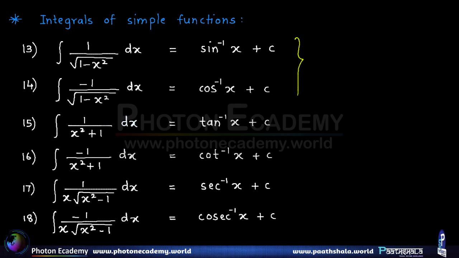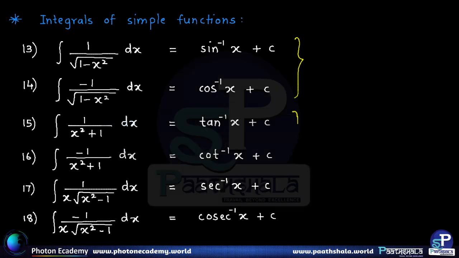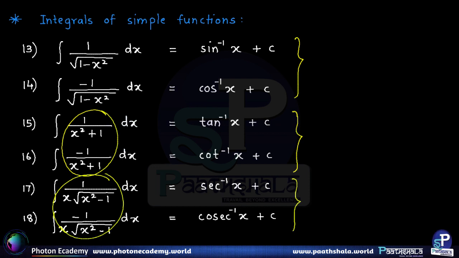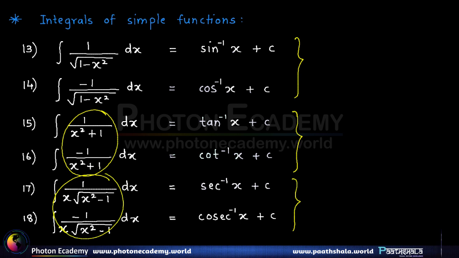So we can remember these basically in pairs, that is, the next two are tan inverse and cot inverse. You can see that on the left hand side also we have two similar expressions except for their sign, and the last two are also very similar, which are for sec inverse x and cosec inverse x. So these are the standard results.